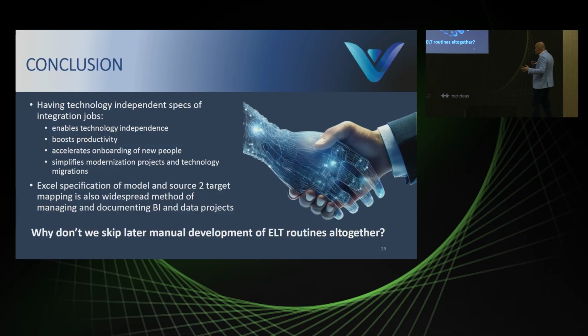Physical model, dimensional model, these are typical names of the files, so it's here anyway. And if we have everything in Excel, like source columns, target columns, transformation joins, where part, parameters and so on, why wouldn't we skip development and try to do everything on click? And it works in most of the cases.